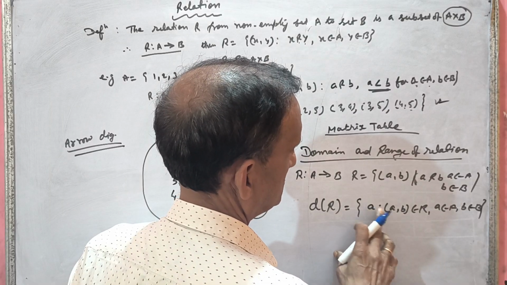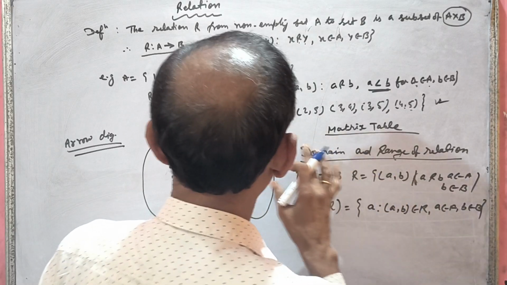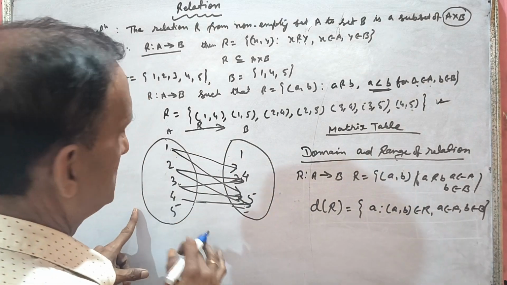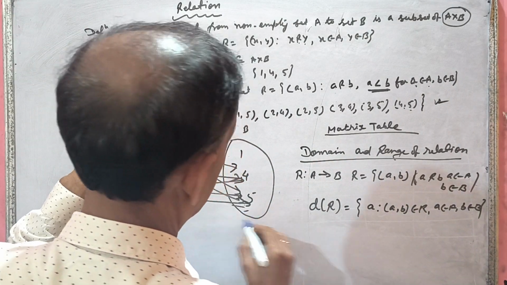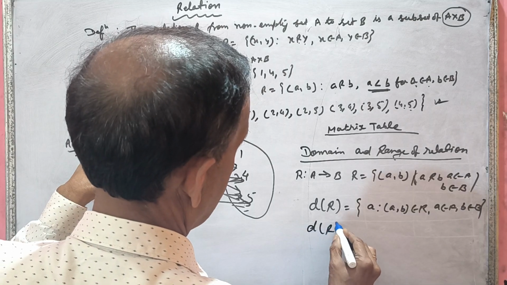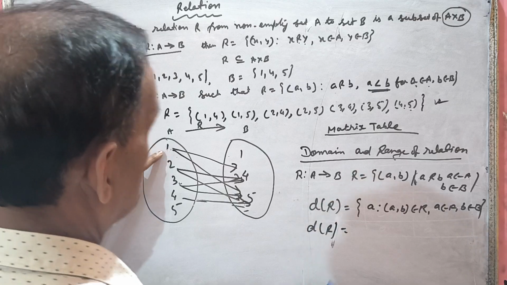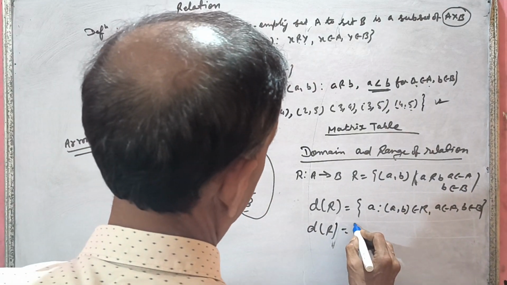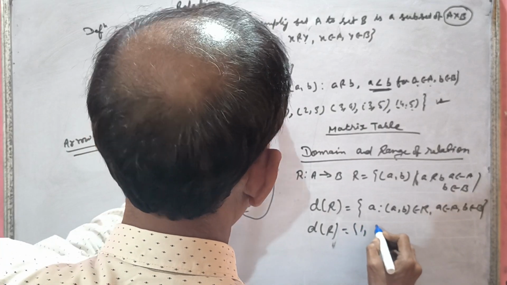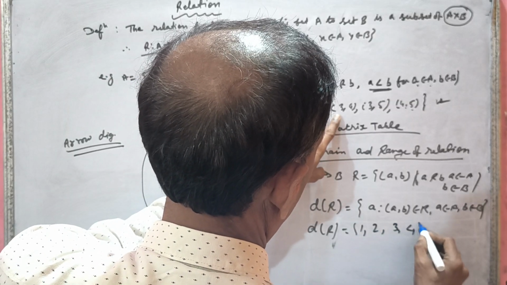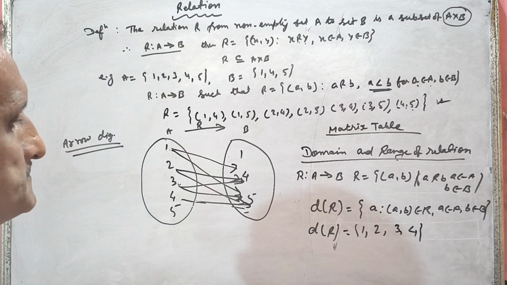Set of the first component of all the ordered pairs. Here in this particular example, the domain of this relation R is, 1, see, 1 is there, no? 1, 2, 3, 4. Understood?